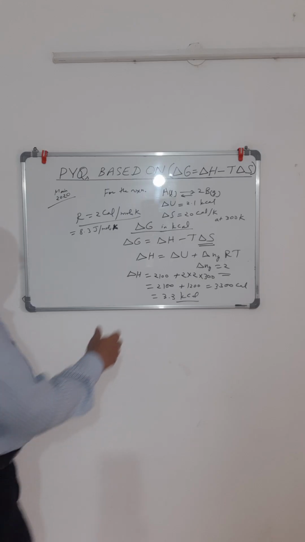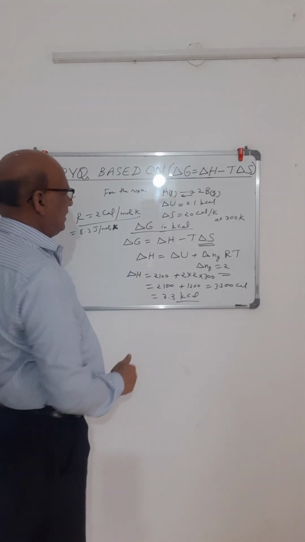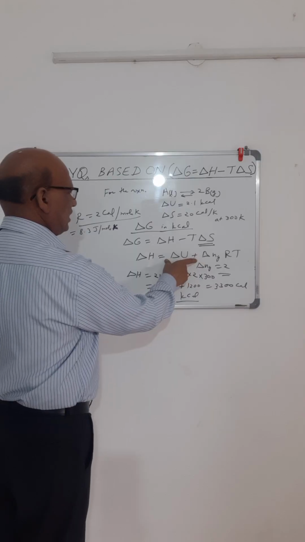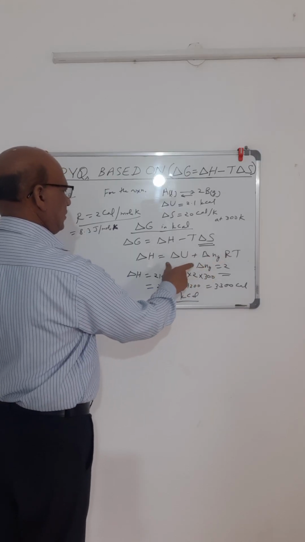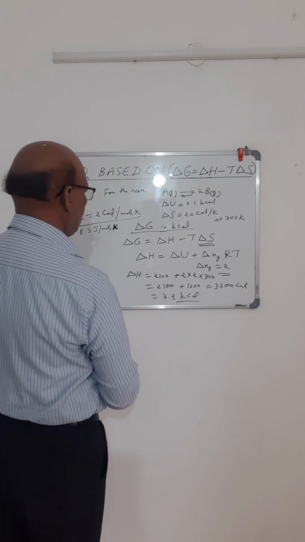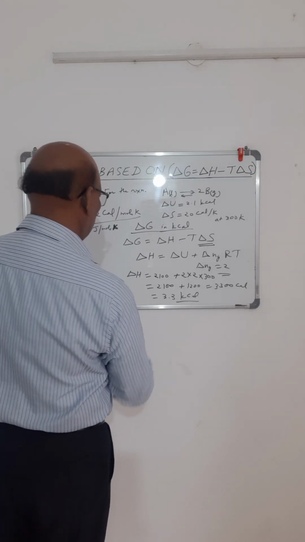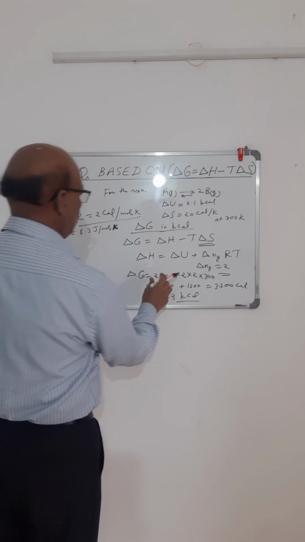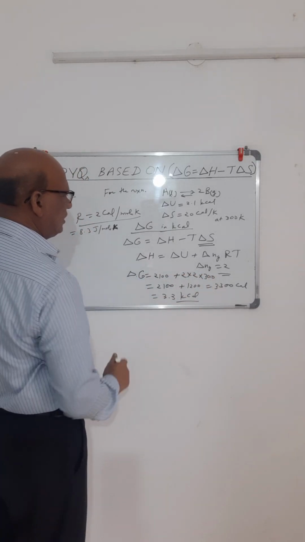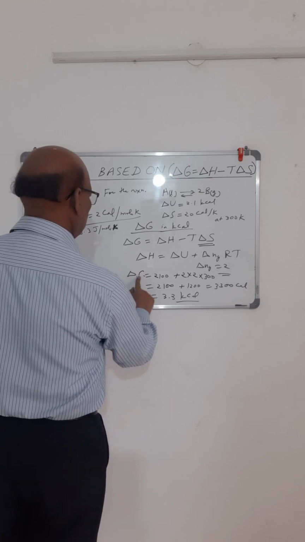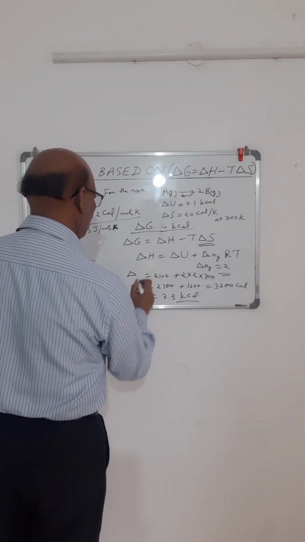So that is our answer. If delta U and delta S are given to us, and delta H is not given, then we can find delta H by this equation. Sorry, I wrote this as delta G, but we have found delta H only.